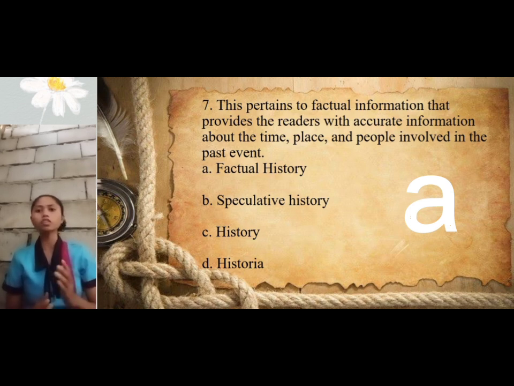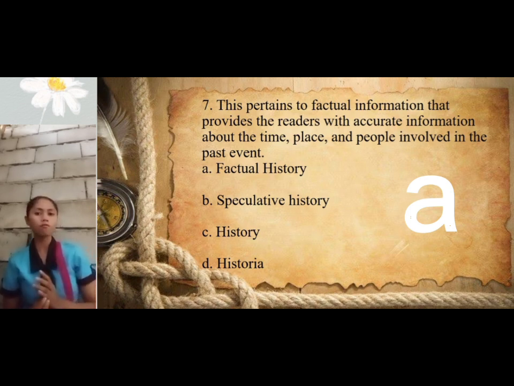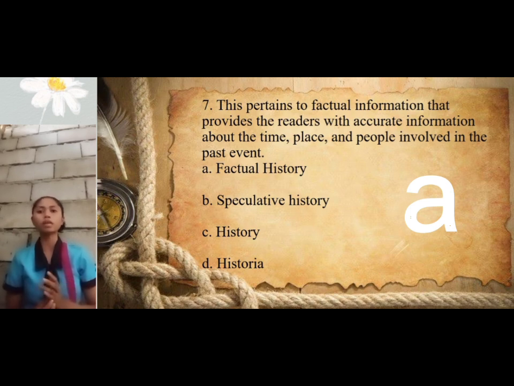It answers the very basic question, what happened? Yet beyond merely listing the events in chronological order, historians try to discover why events happened, what circumstances contributed to their cause, what subsequent effects they had, and how they were interpreted. So number 7 is letter A, factual history.